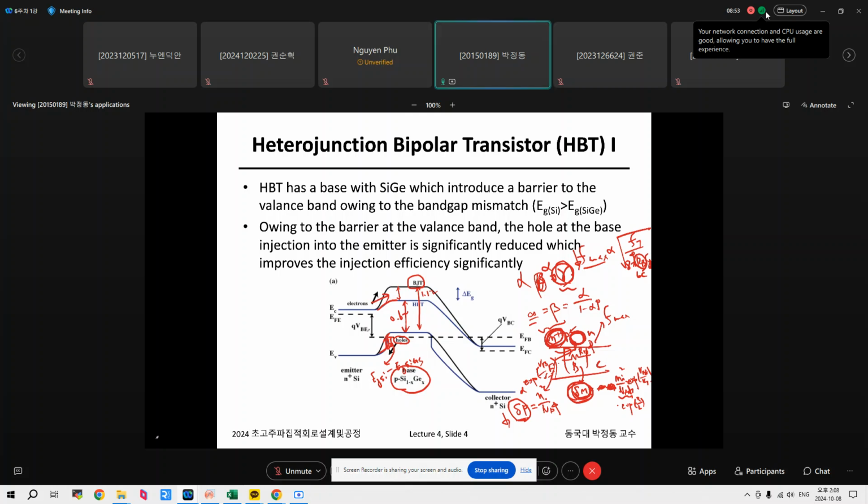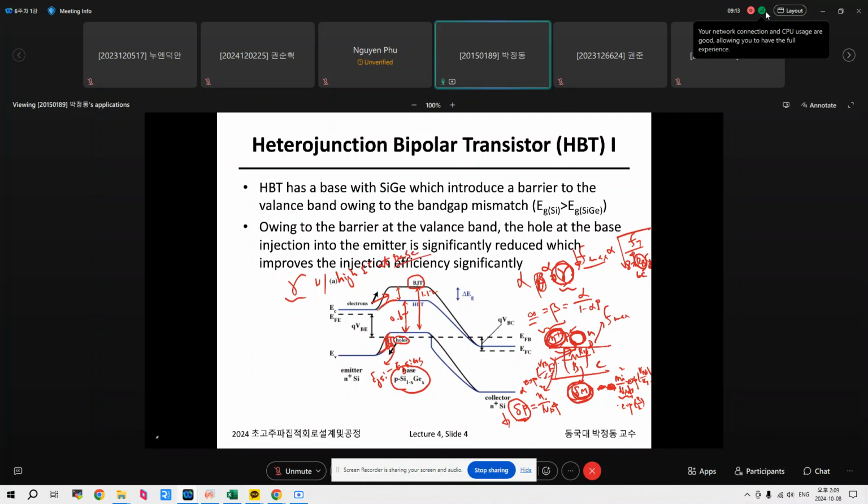Because of this band gap difference, emitter injection efficiency is very high, even with a high impurity implantation at the base.